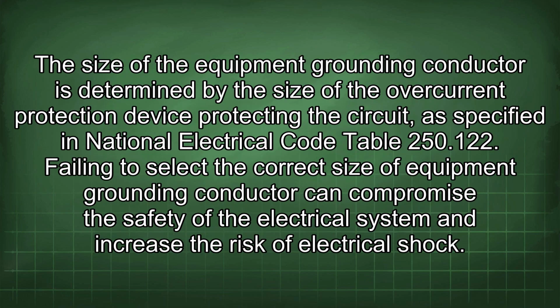The size of the equipment grounding conductor is determined by the size of the overcurrent protection device protecting the circuit, as specified in National Electrical Code Table 250.122. Failing to select the correct size of equipment grounding conductor can compromise the safety of the electrical system and increase the risk of electrical shock.